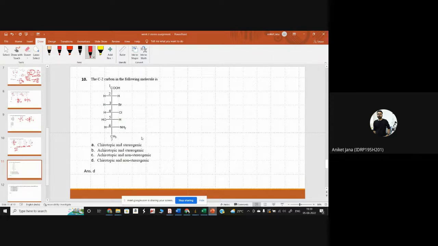Now tell me, chirotopic and stereogenic. We have to consider this carbon center. What is the condition for calling a center stereogenic? If we interchange two groups, then we get a new stereoisomer.